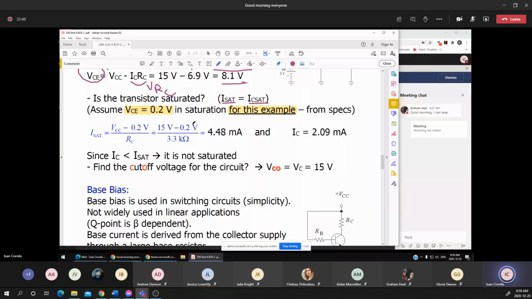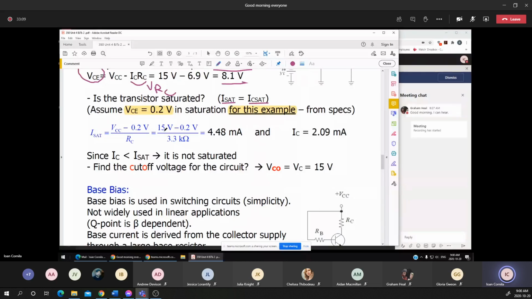It means that we are comparing the VCE sat with the supplied voltage, 5 volts, 10 volts, 20 volts, which is at least 10 times smaller. So in our calculations, we can neglect the VCE saturation, or make it 0.